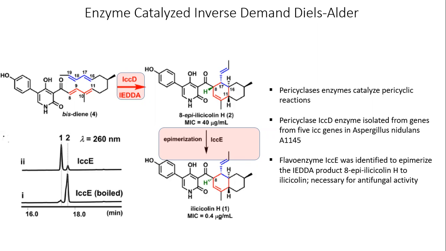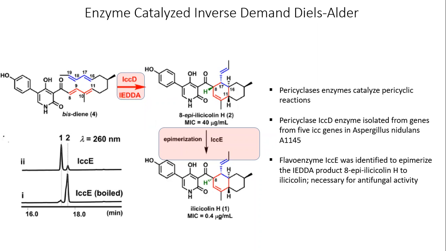This ICCD enzyme, they isolated from this particular Aspergillus nidulans A1145. They found out that this cassette of 5 genes was a part of this organism, so they were able to isolate it and then isolate the ICCD enzyme itself. Because what they found out was that the ICCD was the enzyme that actually catalyzed the inverse demand reaction. The other enzymes did not.